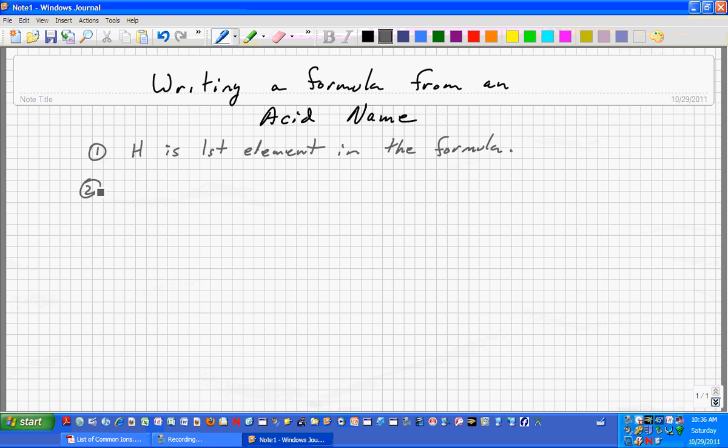Second thing we're going to do is identify the anion from the root and ending in the acid name.